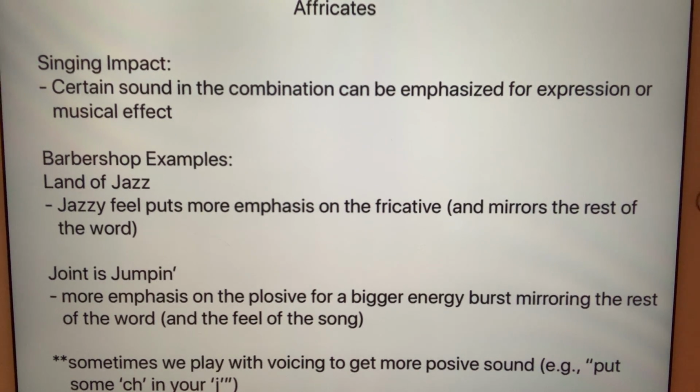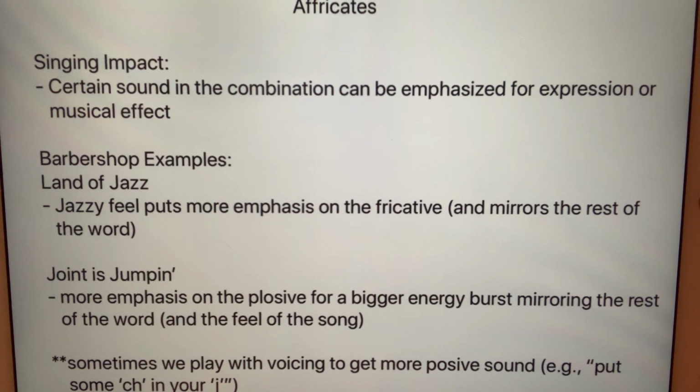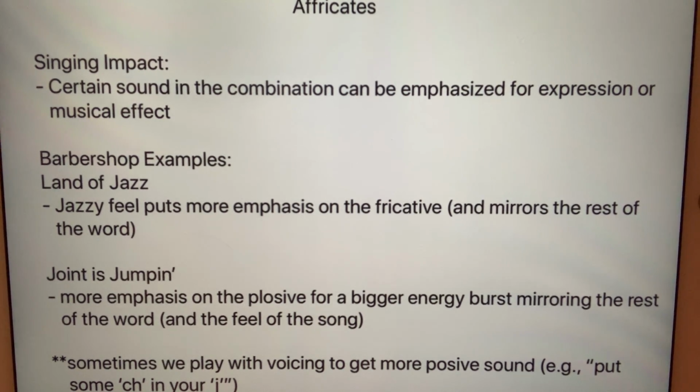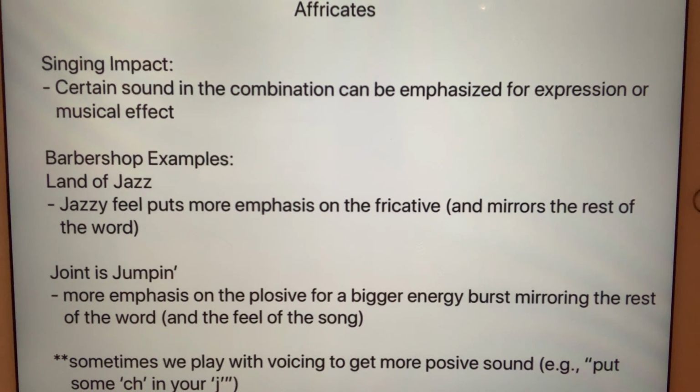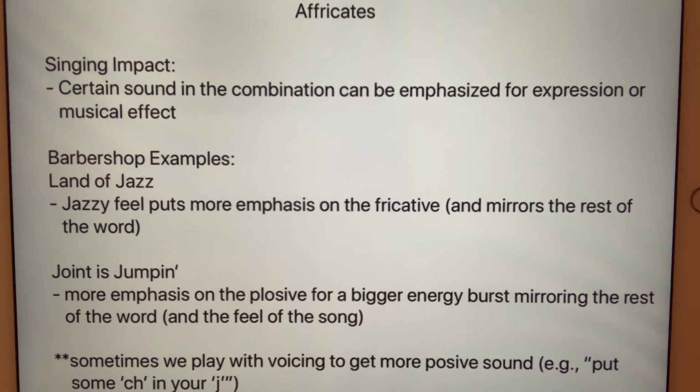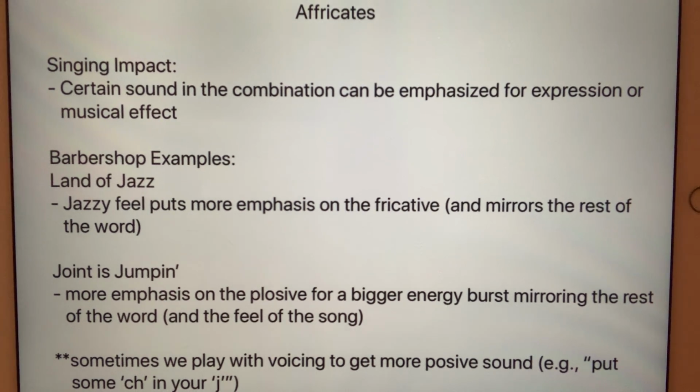It's not really impactful because it matches the rest of the word and the feel of the song, as opposed to "this joint is jumpin'," right? And that impact is more on the stopped consonant, or the plosive consonant, because that matches the rest of the song and also the rest of the word in each word in the phrase.